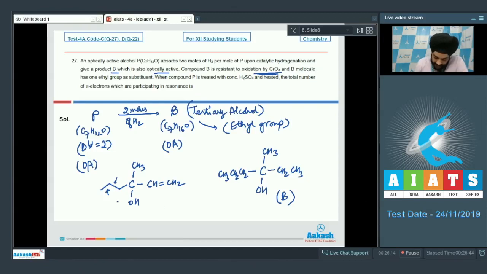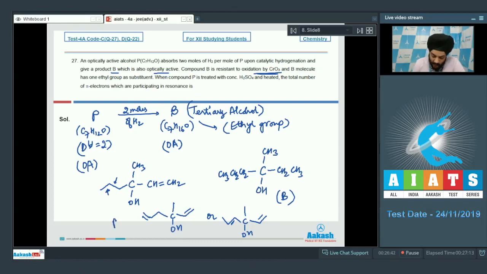So we can just draw the structure. These are the two structures which are possible for the compound P.